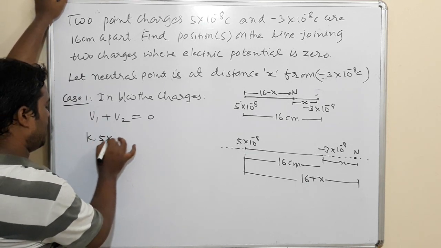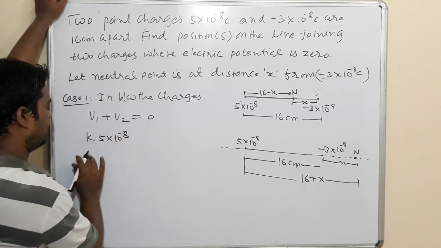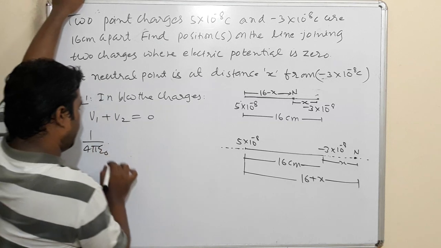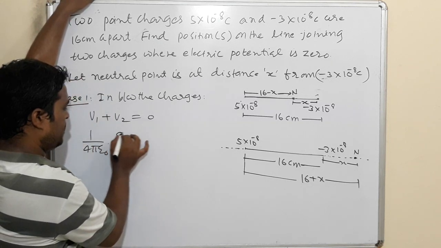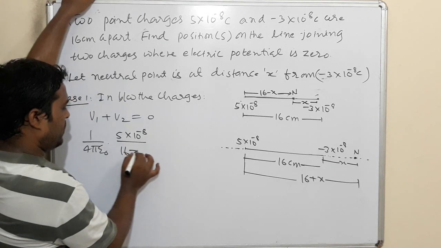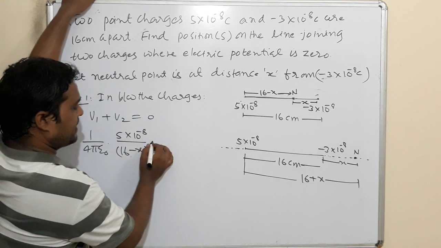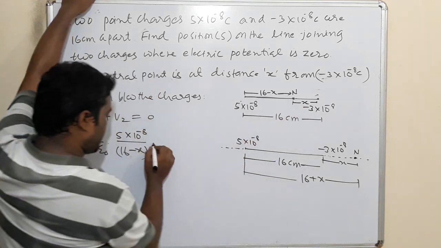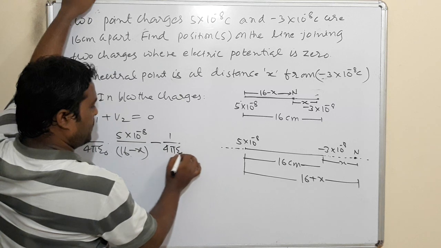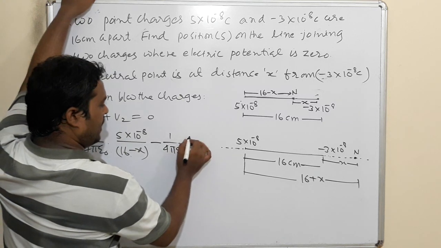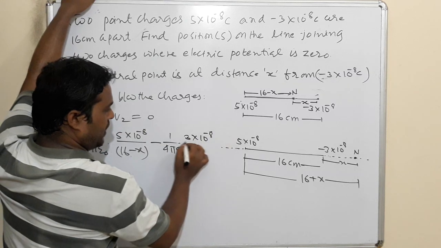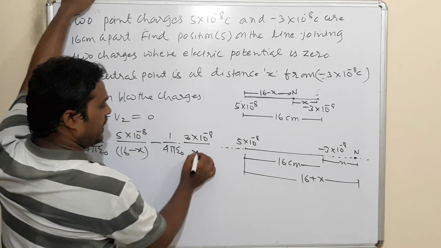K stands for 1 by 4 pi epsilon naught. This will be 5 into 10 raised to minus 8 divided by the distance, 16 minus x. Then this is a negative charge, so it will be minus 1 by 4 pi epsilon naught times 3 into 10 raised to minus 8 divided by x.